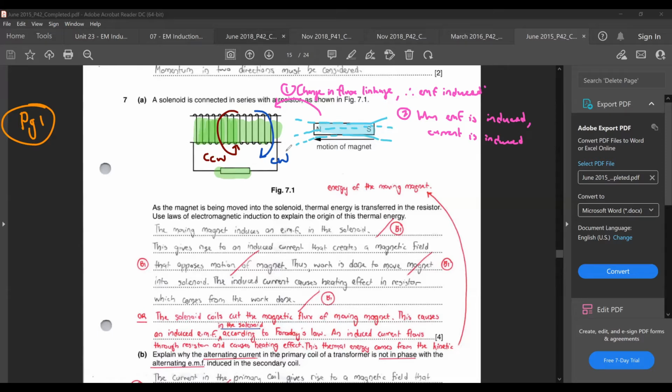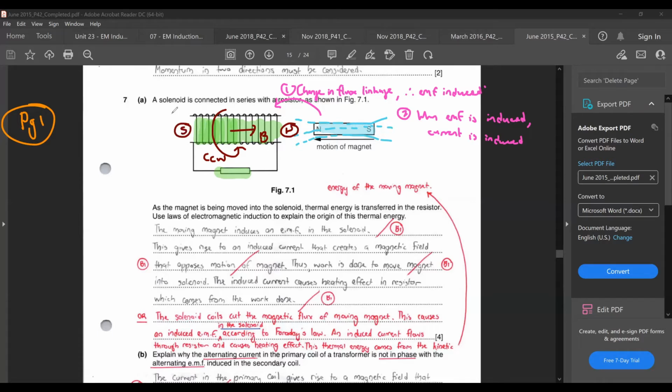So right now, let's consider this. If my current is flowing counterclockwise like this, my direction of magnetic field would be in this direction, right? This one will be my north pole, this one will be my south pole.